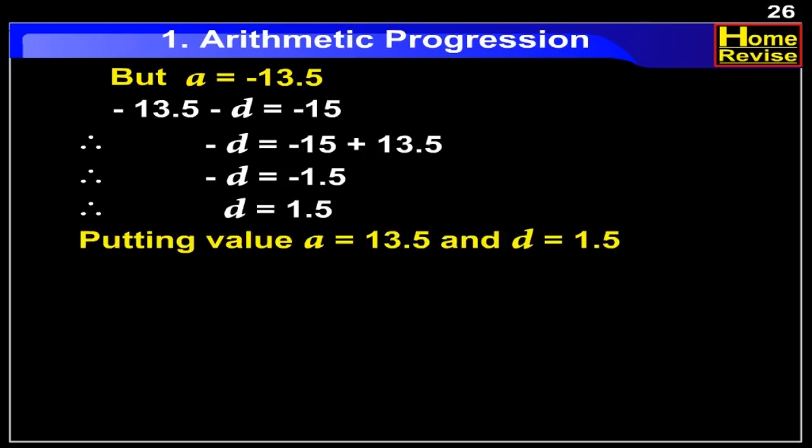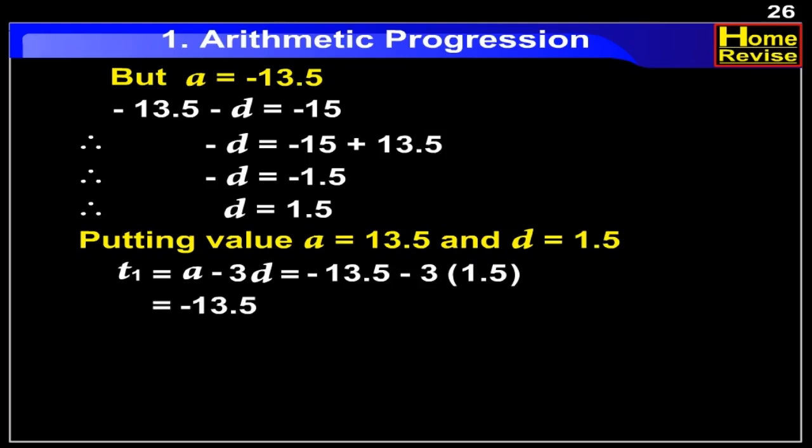Now, putting the values of a and d, we get t1, that is the first term, is equal to a minus 3d, which is equal to minus 13.5 minus 3 into 1.5, which is equal to minus 13.5 minus 4.5, which is equal to minus 18.